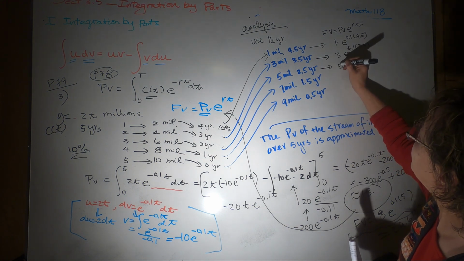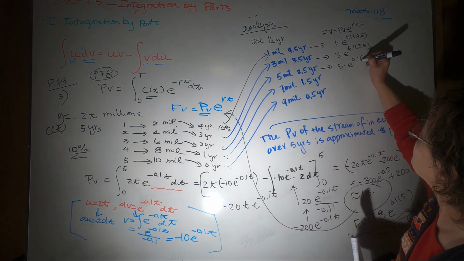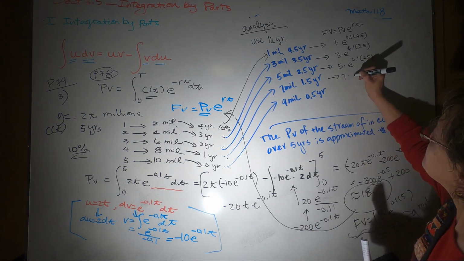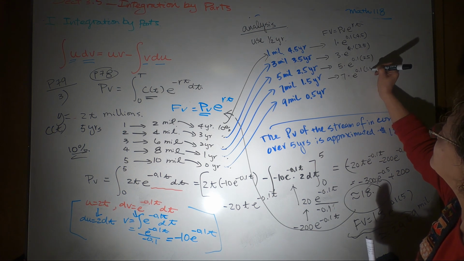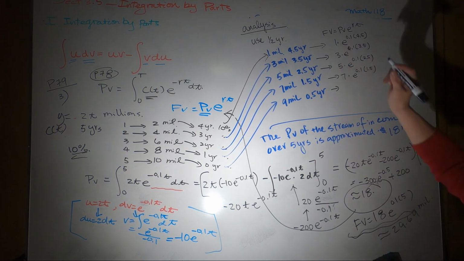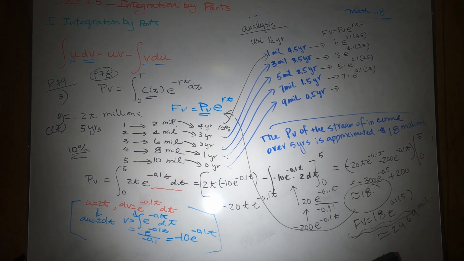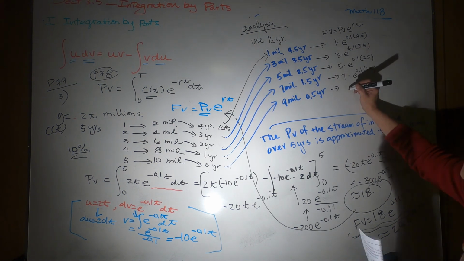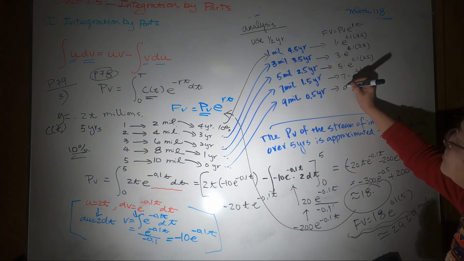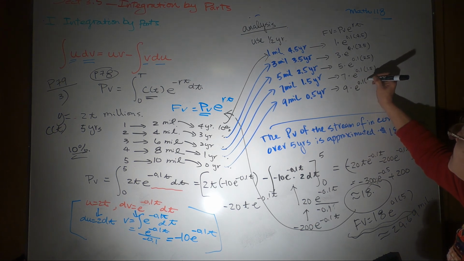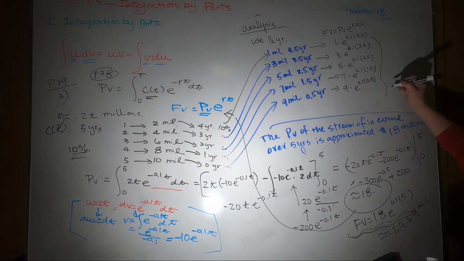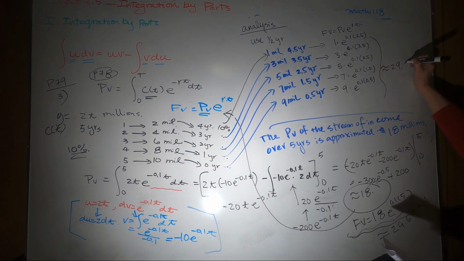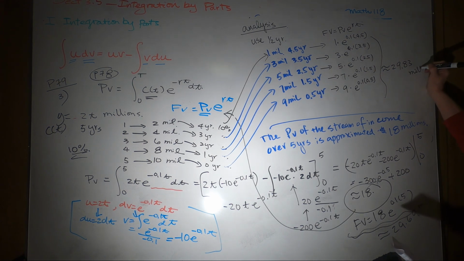Then this one will be 5 million times e to the 0.1 times 2.5. This one would be 7 times e to the 0.1 times 1.5. That will be the total income for the future value, because along the way you accumulate interest. And the last is e to the 0.1 times 0.5. When you add all this up, it's about 29.83 million.